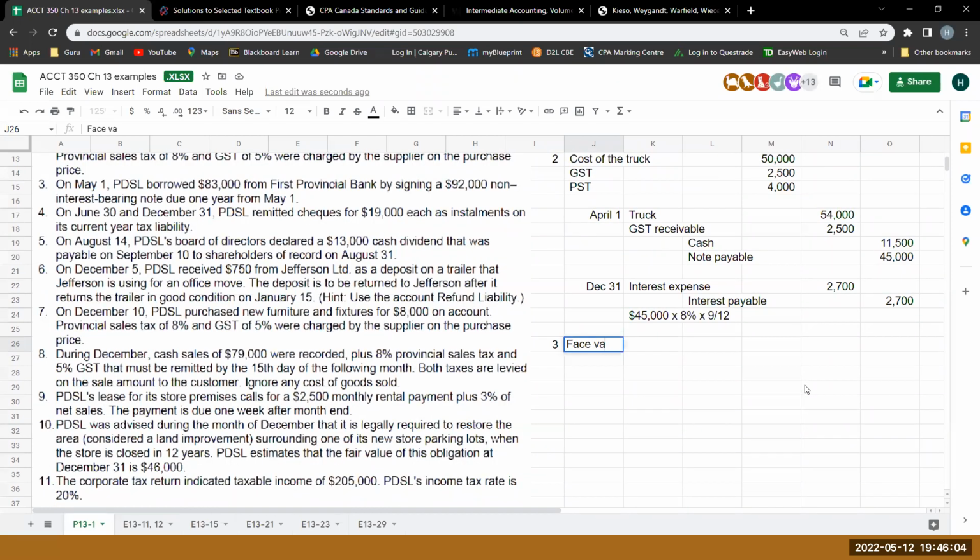The face value of the note is 92,000. That's what we'll have to pay back. The amount borrowed, well, that's only 83,000. So there is interest, right? The difference of $9,000, that's interest for 1 year.